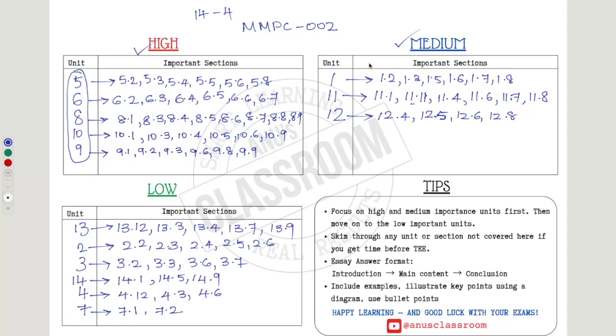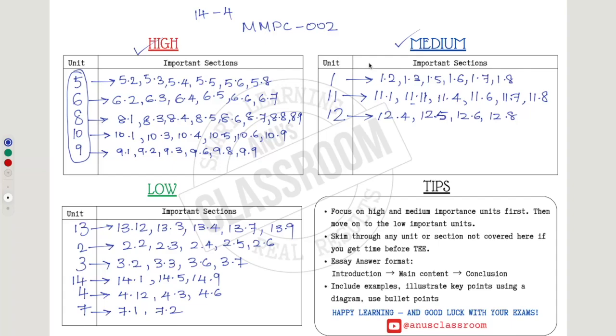Any unit or section that I haven't covered so far in this video is because there have not been any questions in term end examinations from those particular areas. But still, don't ignore them completely. Once you're done with the units or the sections which I have mentioned in the video, please go ahead and skim through, just read through the ones which I have not mentioned, depending upon how much time you have got. If you have enough time, then definitely study them as well.